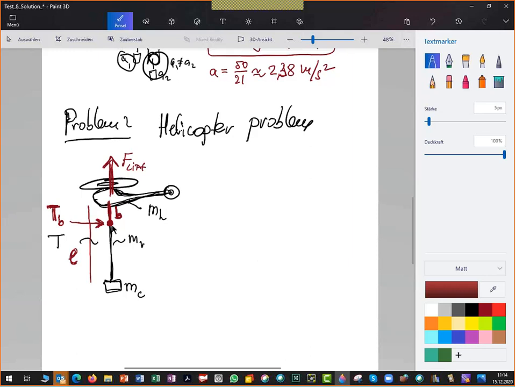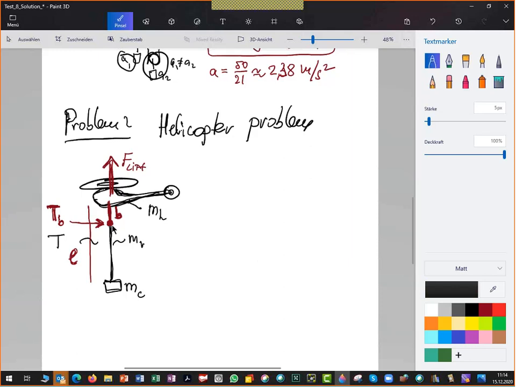Okay, so let me explain why it is hard and why it is easy. It is hard because if we do it in a classical way, that means we say, okay, there are three masses here.